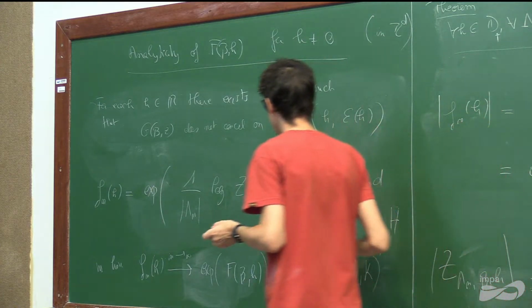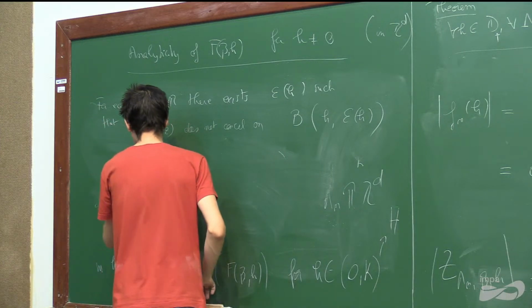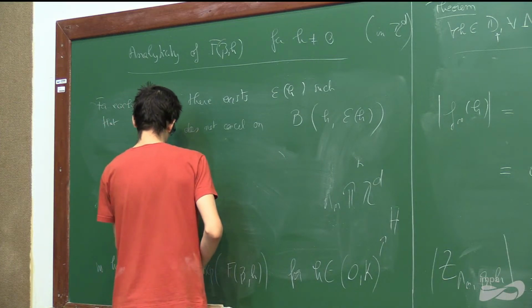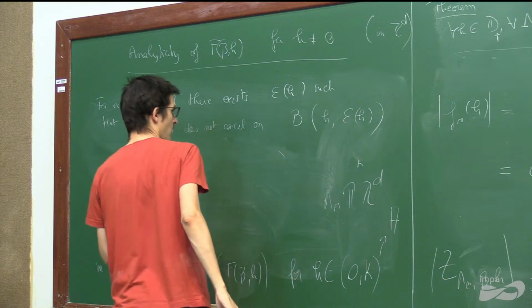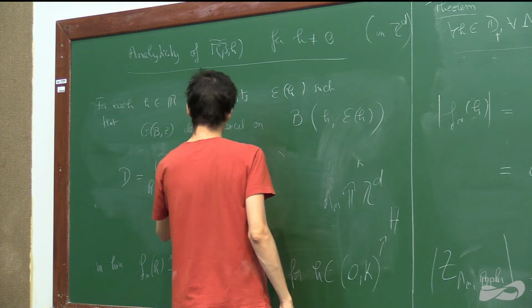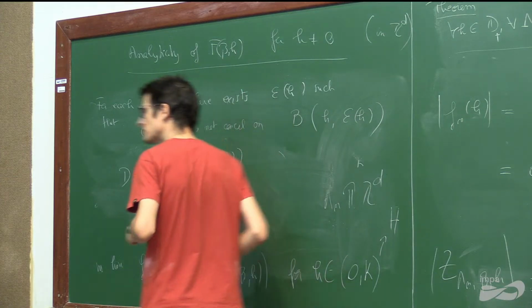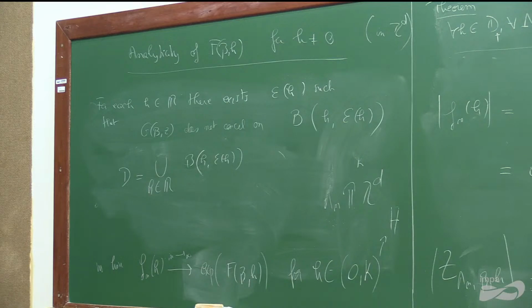Now if you define D to be the union over H in R of B(H, epsilon H), then you get a simply connected domain on which G does not cancel.